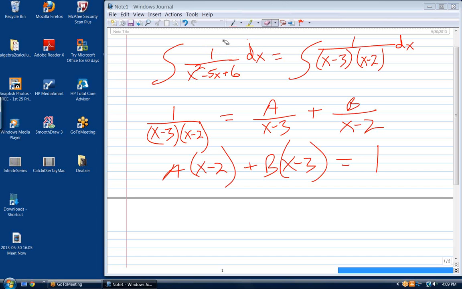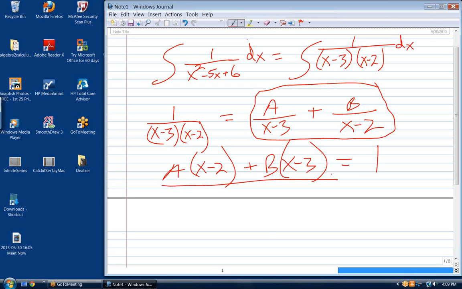In other words, if we started with that and I said add those two together, you would multiply the left side by x minus 2 over x minus 2 and the right side by x minus 3 over x minus 3, and then we would have this in our numerator. And since we already know that the numerator is 1, we can say that has to equal 1. Okay?